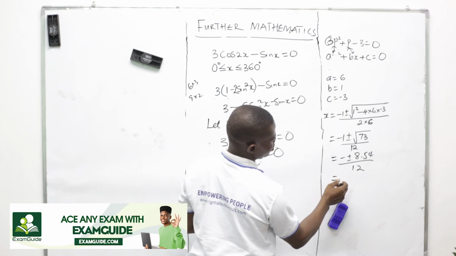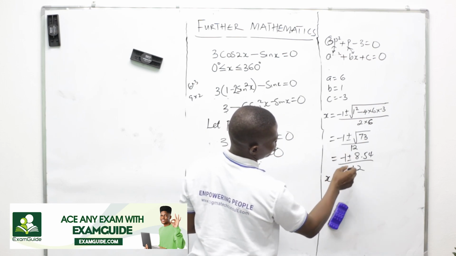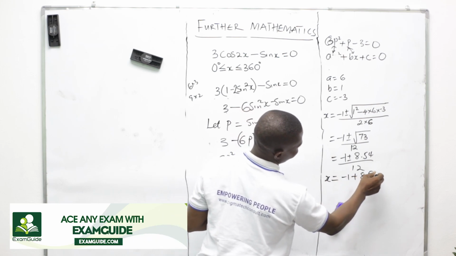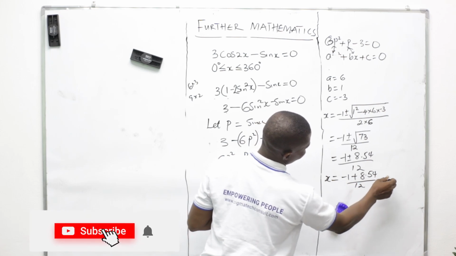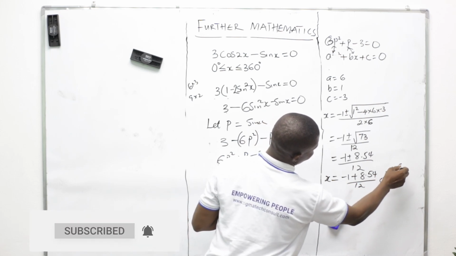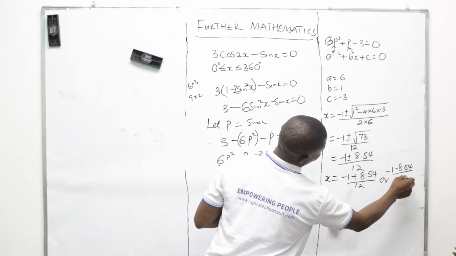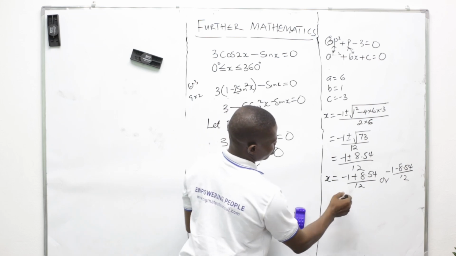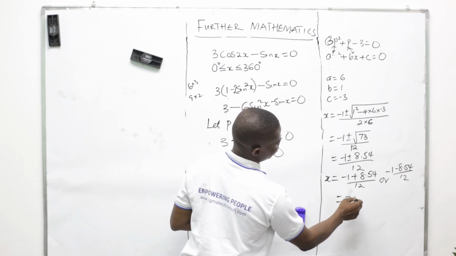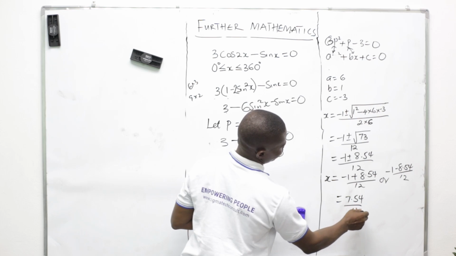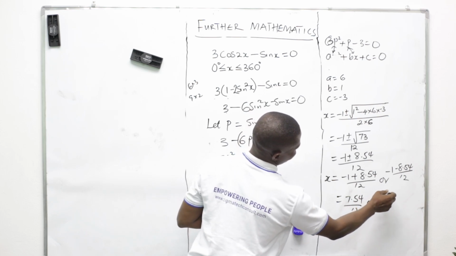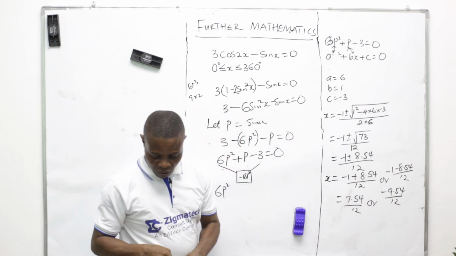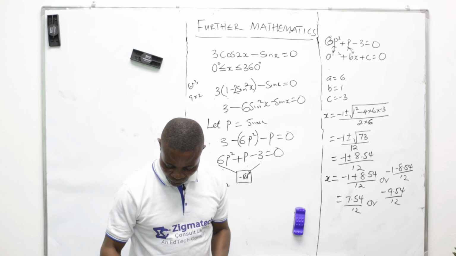This will now give us x equals minus 1 plus 8.54 all over 12, or minus 1 minus 8.54 all over 12. Okay. This will give us 7.54 over 12, or minus 9.54 all over 12. Let us divide.